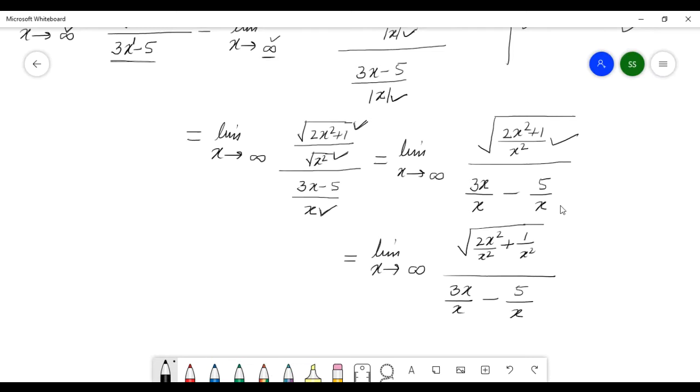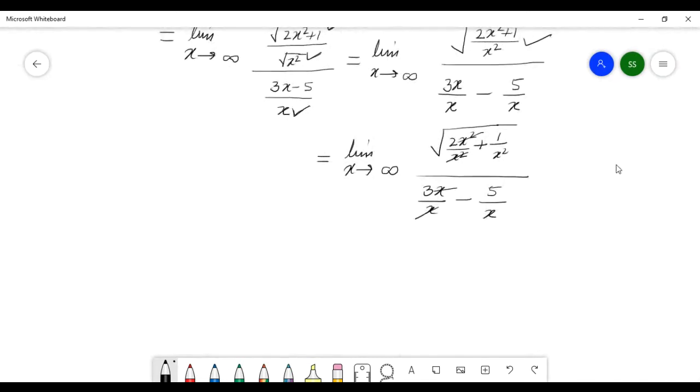Now look here, this x and this x cancel, and the squares cancel. What is left here? The limit as x goes to infinity of the square root of 2 plus 1 over x square.